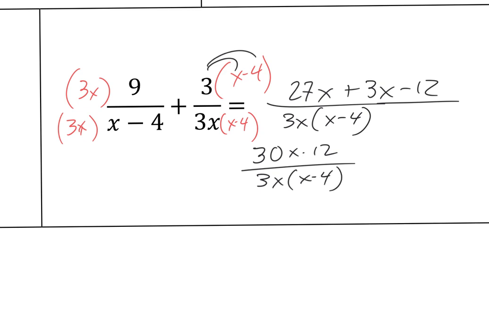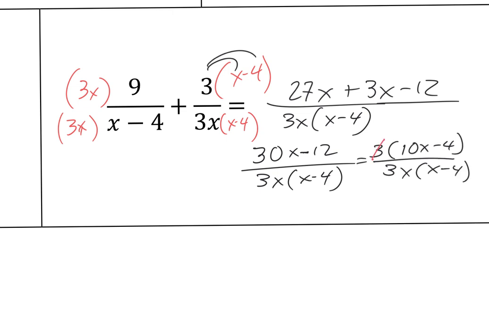Now, what you might want to do here, if you can, is see if there's anything that you could factor out of these two terms on the top, because this is already factored on the bottom. And we might get something that cancels out of both. So let's see. I definitely could take a 3 out of 30 and a 3 out of 12. And if I do that, I would end up with 3 times 10x minus 4 over 3x times x minus 4.